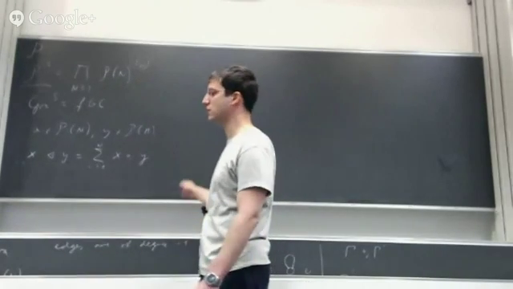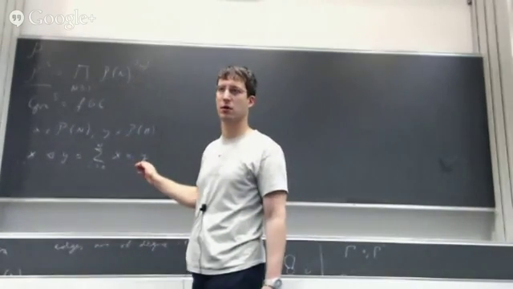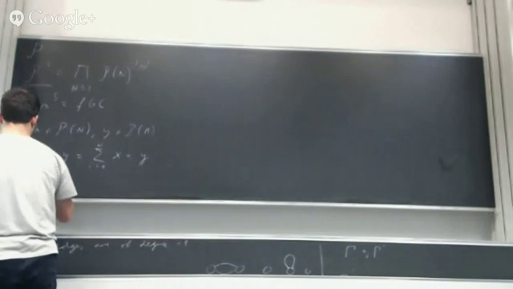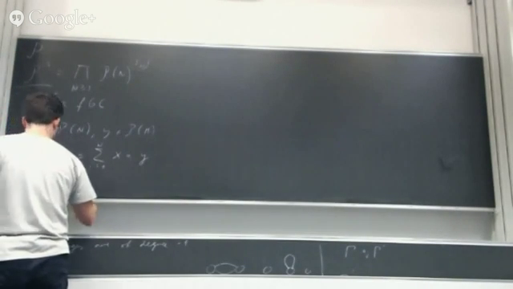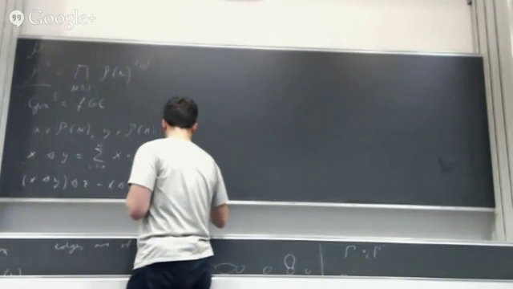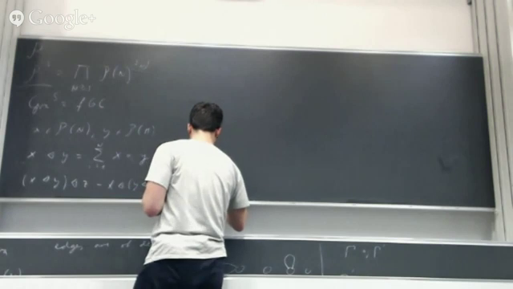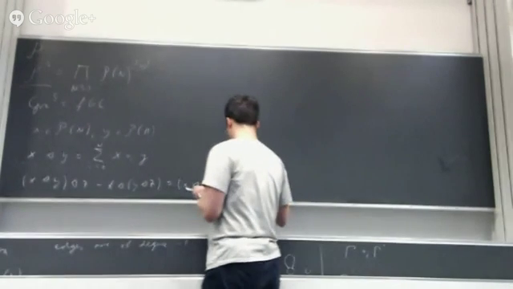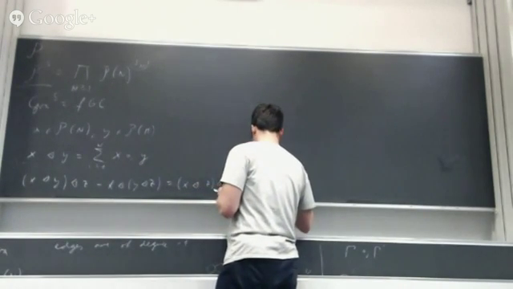And you can see that this is a pre-Lie algebra. Pre-Lie algebra means that this relation holds: (x, y, z) minus (x, y, z) equals (x, z, y) minus (x, z, y).